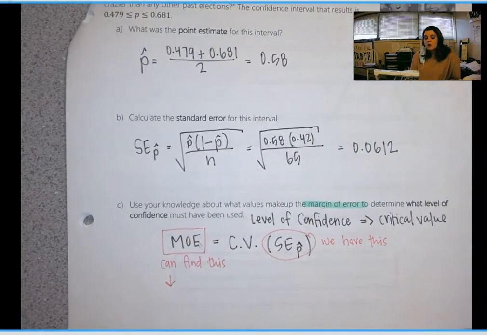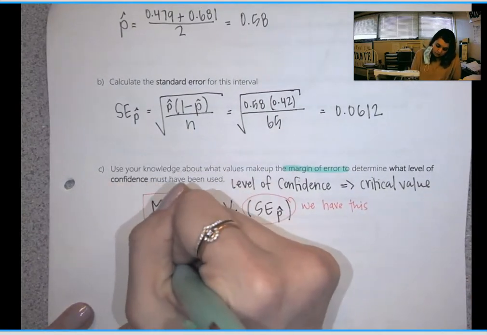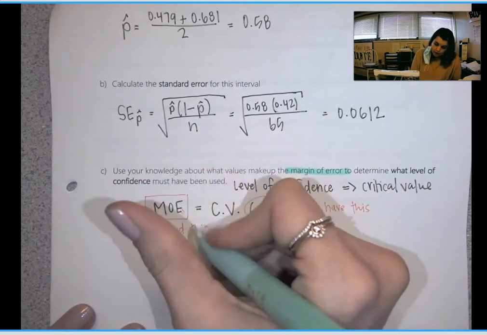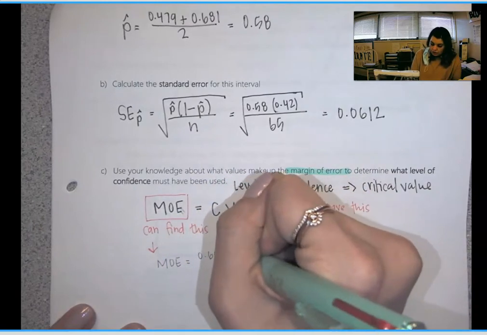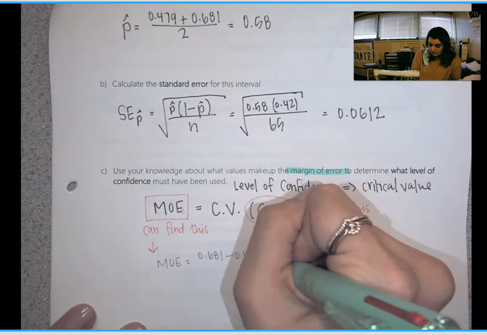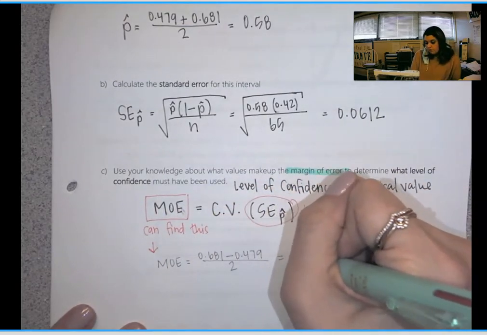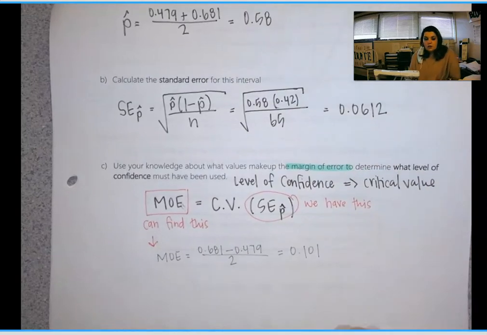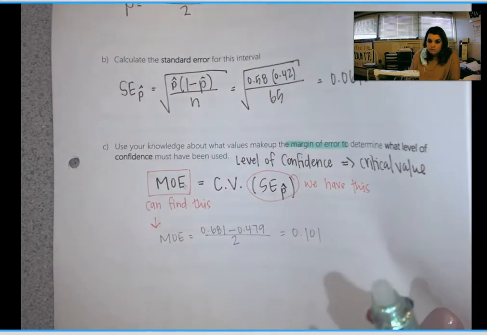We have a formula. So margin of error is your upper bound, 0.681, subtract your lower bound, 0.479, and we divide by 2. That gives us a margin of error of 0.101.